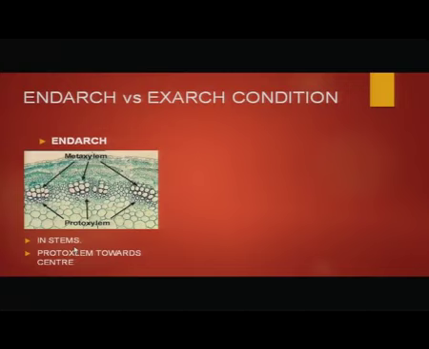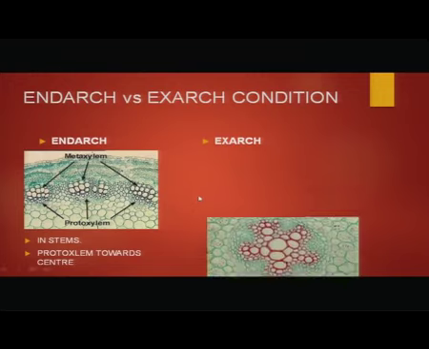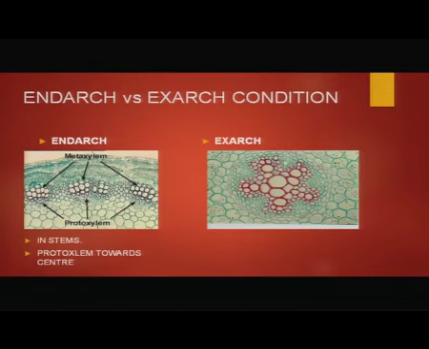It is present in the stems, while on the other hand, the exarch condition is the opposite of it. Here the protoxylem is towards the periphery while the metaxylem is towards the center. Such a condition is known as exarch condition and it is present in the roots.